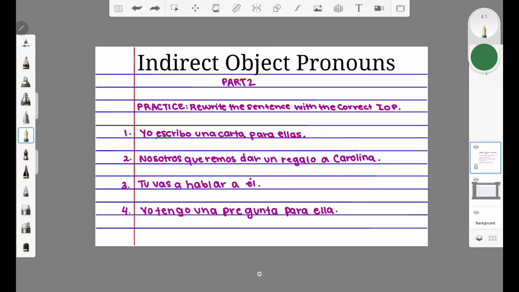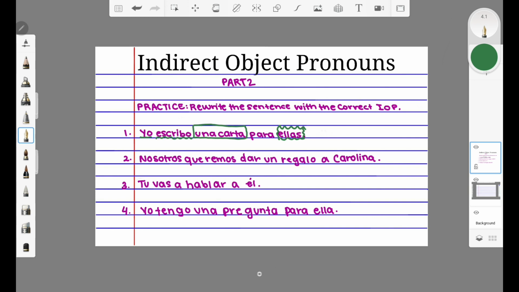Our verb is escribo, and it's the one and only verb in this sentence, which means that we only have one option, placing the indirect object pronoun before escribo. So, yo is our subject, escribo is our verb, una carta is your direct object, and ellas is your indirect object.